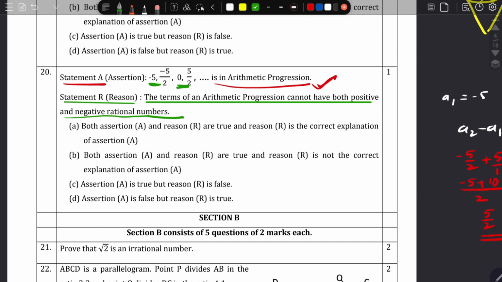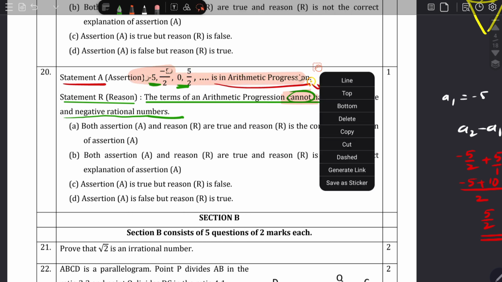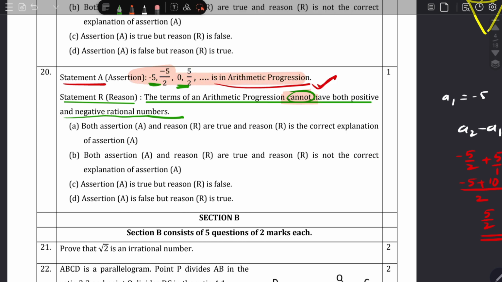So it is saying that it cannot have them, so definitely it's a false statement. Because we can have both positive and negative terms in a single arithmetic progression. So the assertion is true and the reason is false. Option C is absolutely the right answer.